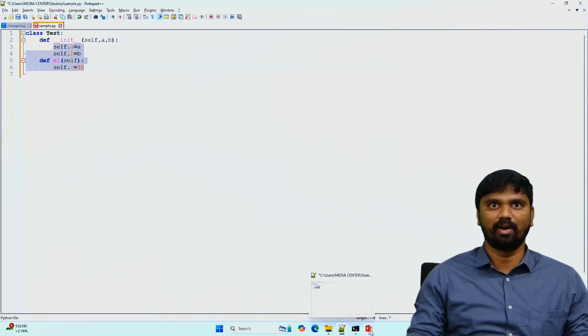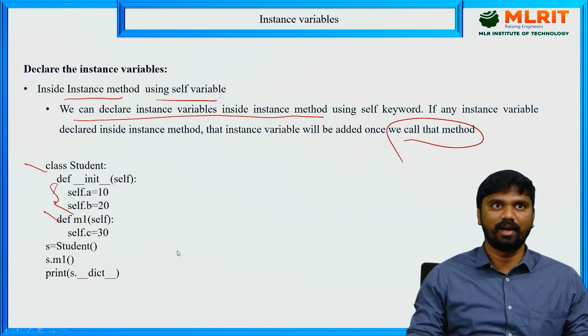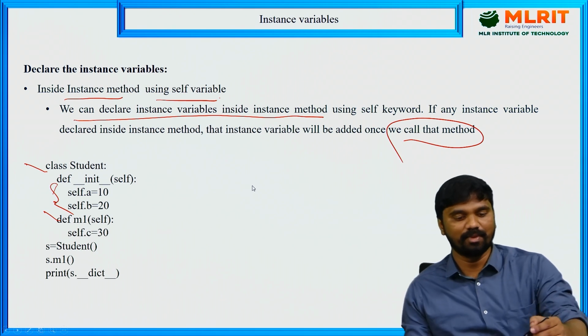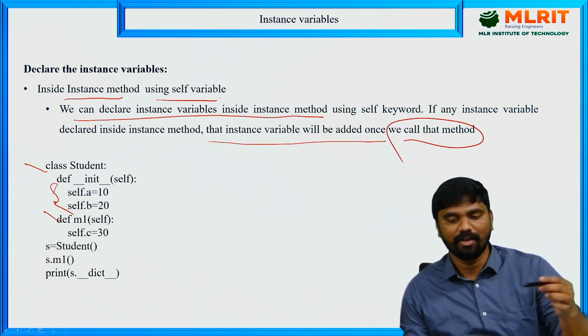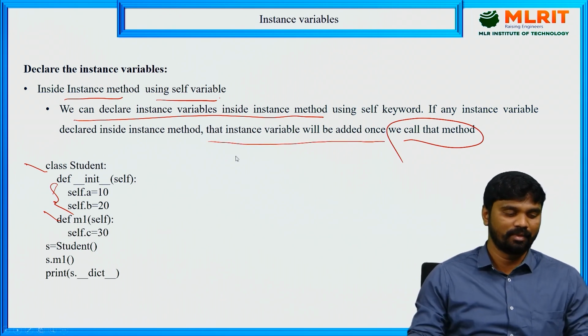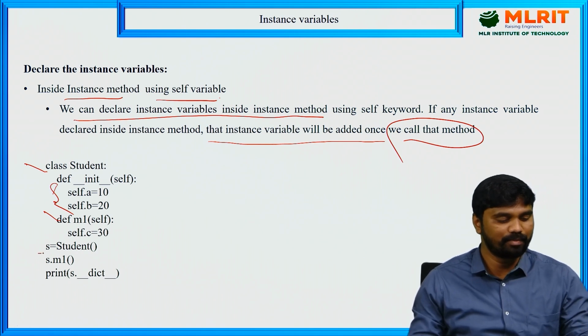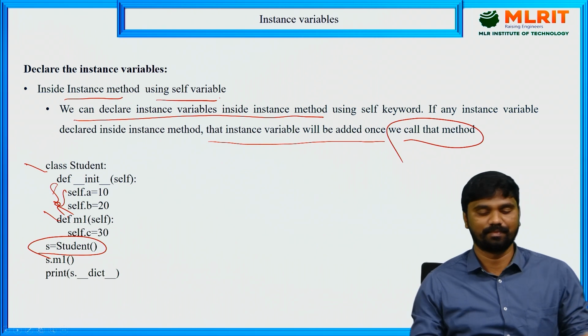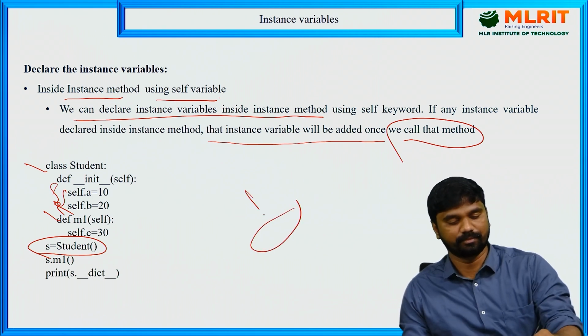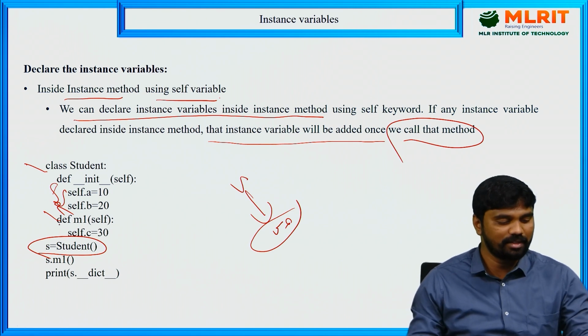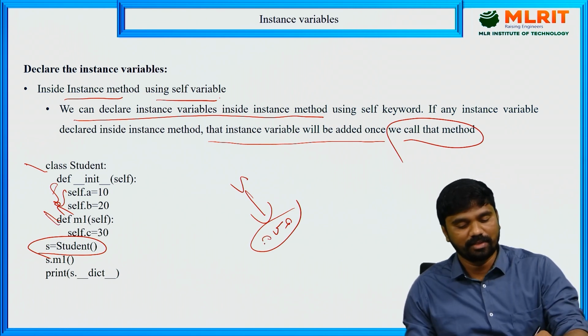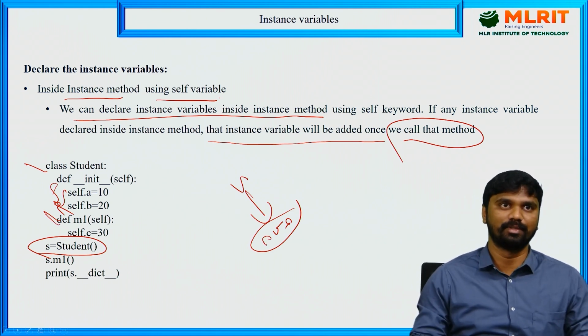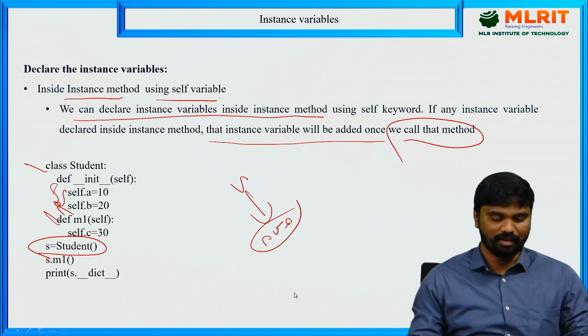The instance variables will be added once we call that method. Initially, whenever the object is created, these two variables, a and b, will be added to the object. Whenever this method is executed, then the C variable will be added to the object. I will show you that.